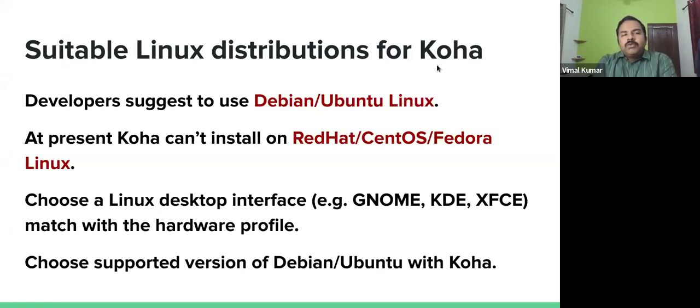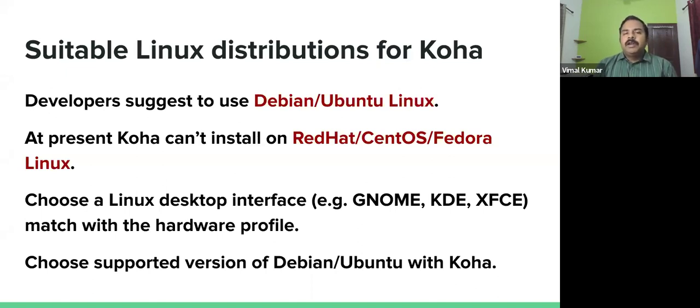See, what are the suitable Linux distributions for Koha? The developers prefer Debian or Ubuntu. Many other Linux-based operating systems are available: Red Hat, CentOS, Fedora. Those are another group of operating systems, and Koha does not work with them.